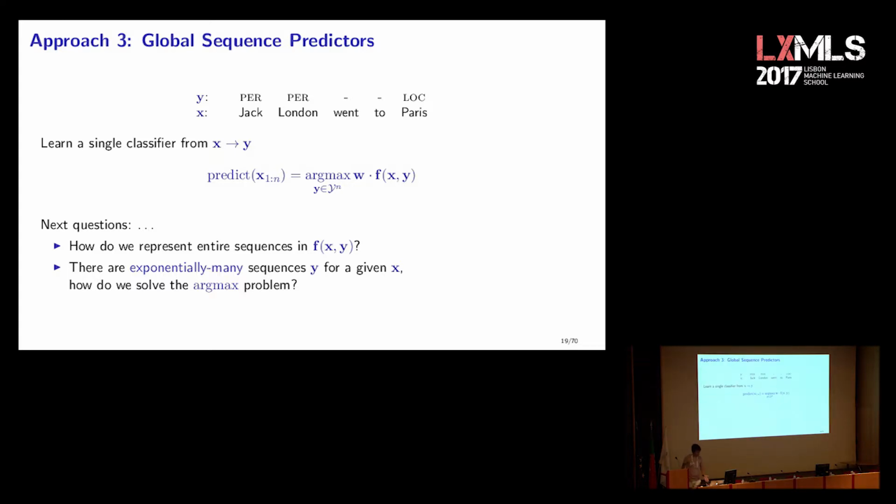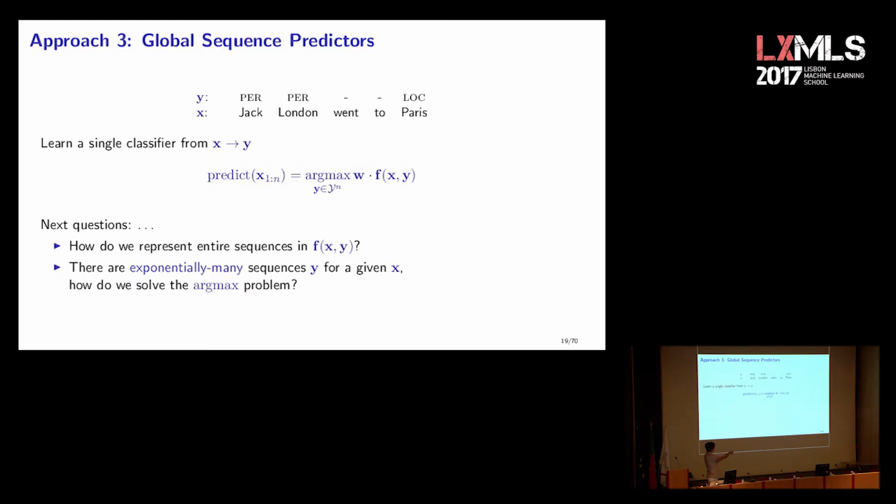So approach 3, the model I'm going to discuss, which is the basis of structured prediction, works like this. We're going to start from scratch and say what we want. I want a single classifier, a function that maps input sequences to output ones, and I'm going to start with the classification approach. But instead of breaking it down, in general, I want to represent input and output sequences all together, and I want a linear prediction.